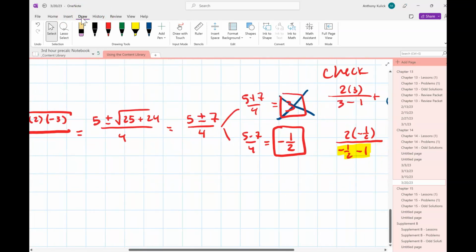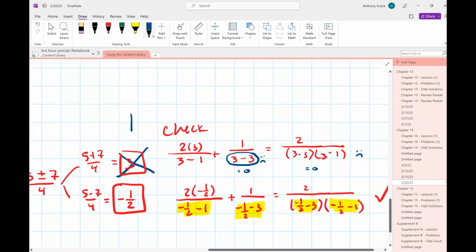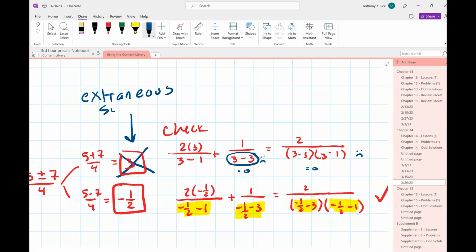Oh, just as an aside, when we get one of these solutions that fails, we have a name for this. We call these guys extraneous solutions. So these solutions that we get but don't actually check out are called extraneous solutions.